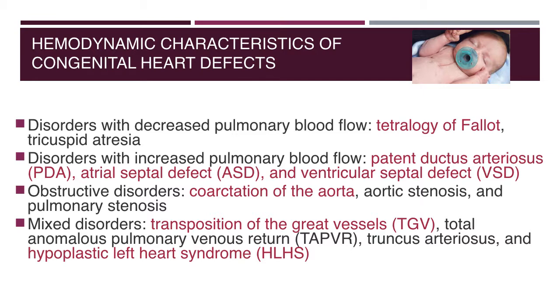Atrial septal defects and ventricular septal defects. That moving of the blood back and forth across those defects is what increases the pulmonary blood flow. So in other words, you're getting a left to right flow instead of a right to left flow.